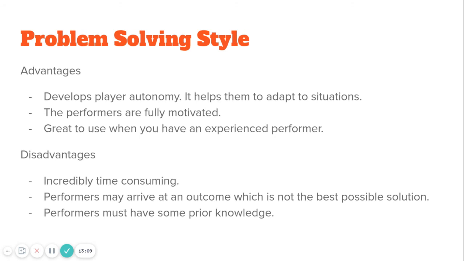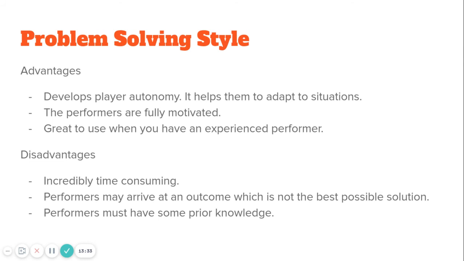Performers may arrive at the outcome which is not best suited to the situation, particularly in things like the 1v1 example in basketball or tactics in sports. Because students may not have the full understanding of the game situation or full knowledge of what the skills and game actually is asking for, it might mean that they arrive to an answer that is not correct.